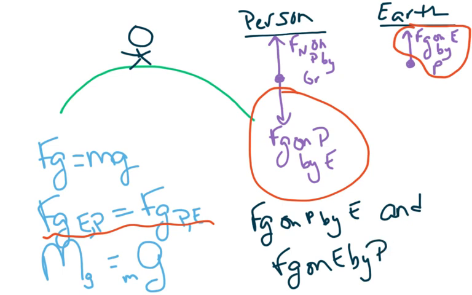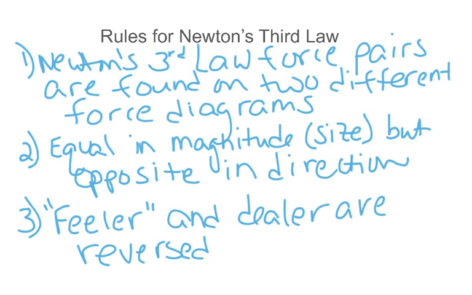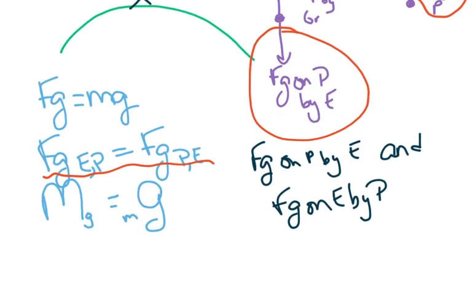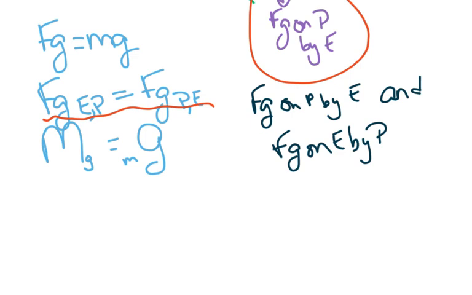Whenever you're trying to identify third law pairs, there's one more rule we skipped, the same type of force. So let's squeeze number 4 in here. It's going to be the same type of force. If it is a gravitational force on one force diagram, it's going to be a gravitational force on the other force diagram. We could go down here and do a force diagram for the ground.